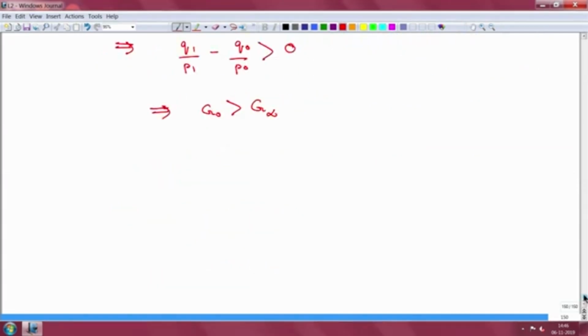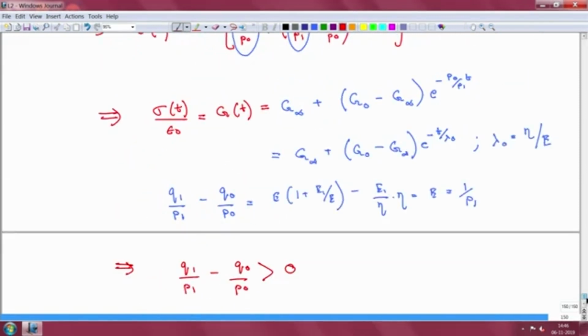So, if you wanted to plot this curve, what would it look like? It would be some exponential function, some constant, plus an exponential decay, but the exponential decay will not go down to 0, because you always have this constant g infinity that will be left.